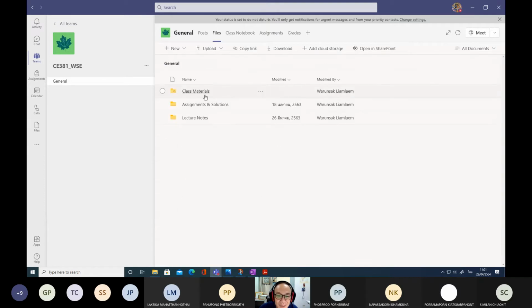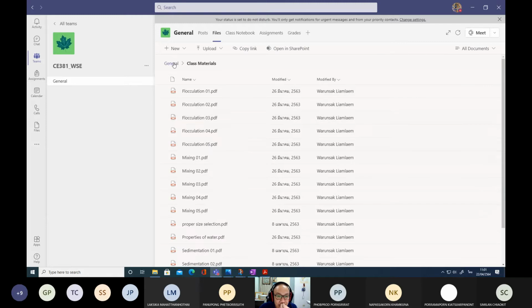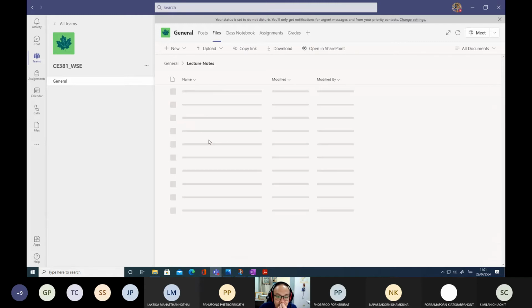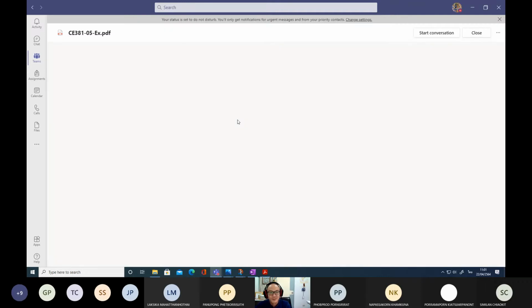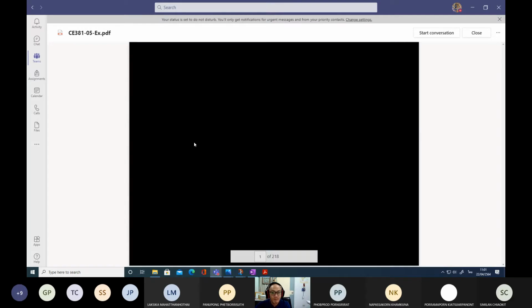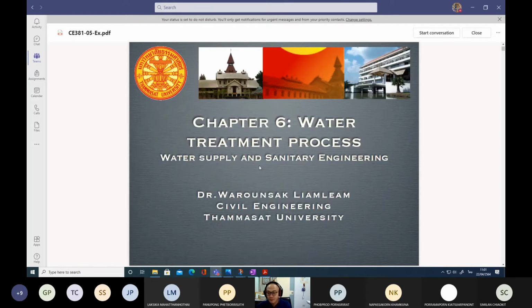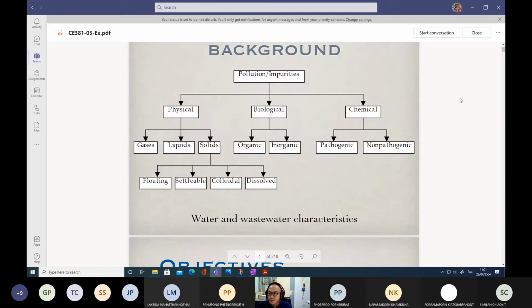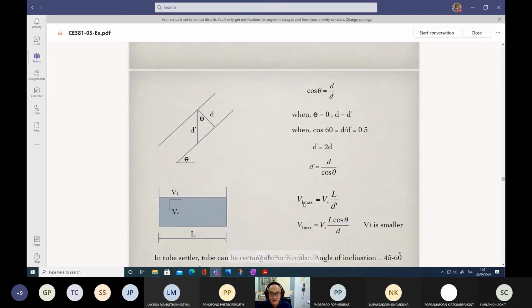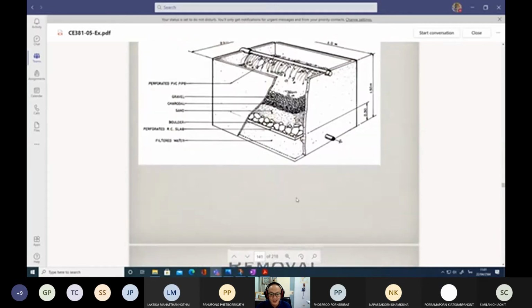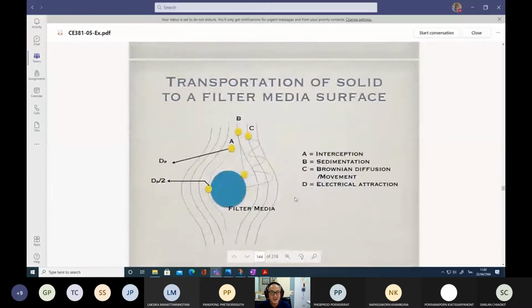Which version did I leave? Class material, lecture notes. Just a moment. Sampling zones, and then we move to the removal mechanism. Okay, this one.